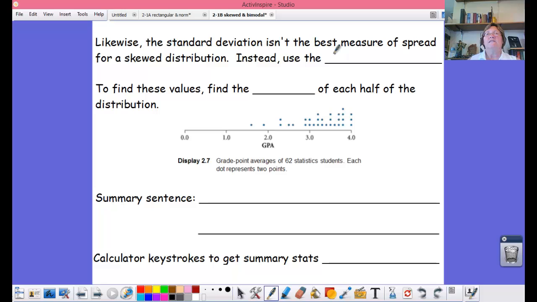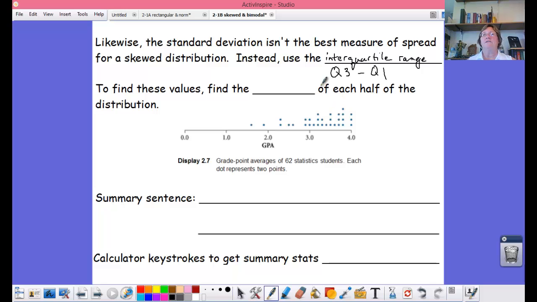So instead you use what's called the interquartile range. Some of you might remember that. Folks, that's the middle 50% of data. It is found by taking the third quartile minus the first quartile.